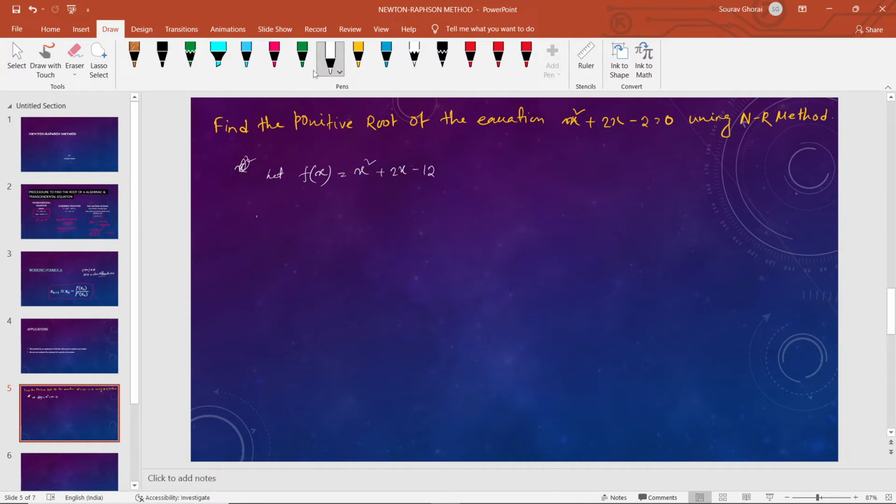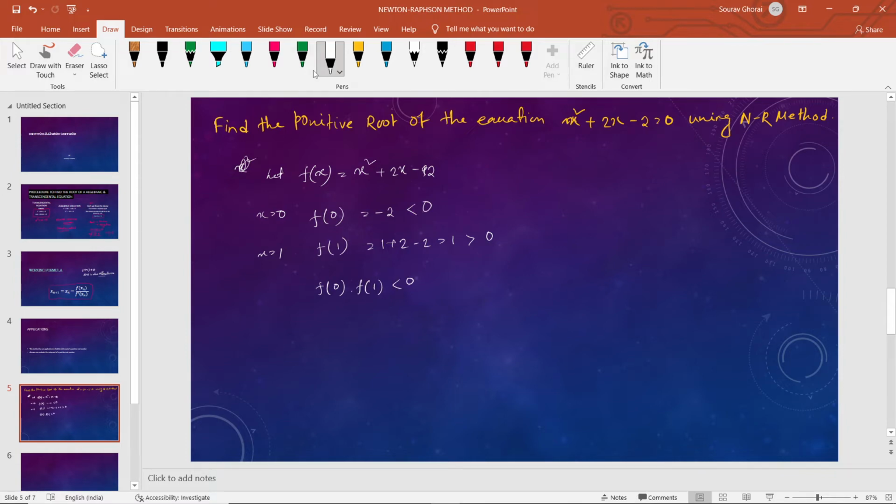That means we can choose x is equal to 0. So what is the value of f of 0? F of 0 is minus 2, which is less than 0. And if we take x is equal to 1, then f of 1 is 1 plus 2 minus 2, which is 1, greater than 0. So now we can say that f of 0 into f of 1 is less than 0.